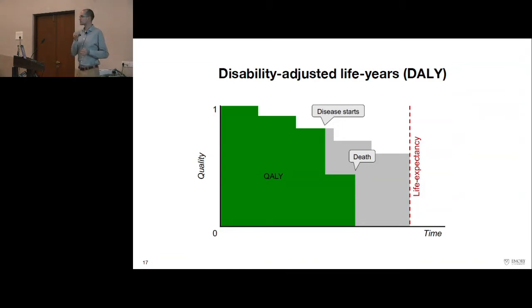So QALYs would be this green shaded area, and DALYs would be the complement. Because in this period of time the person lost this quality of life that would be expected under normal conditions without the disease. So the person lost this quality, but still lived. But then the person essentially lost all this quality due to premature death.